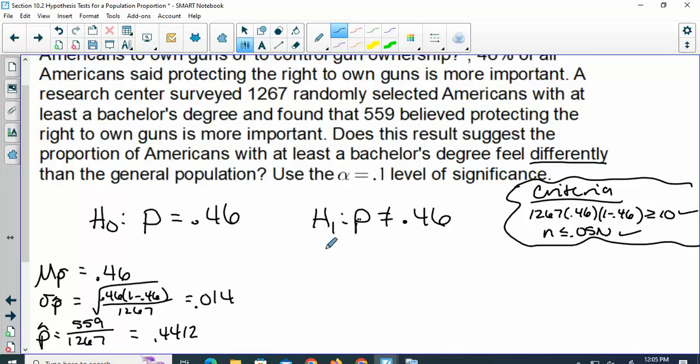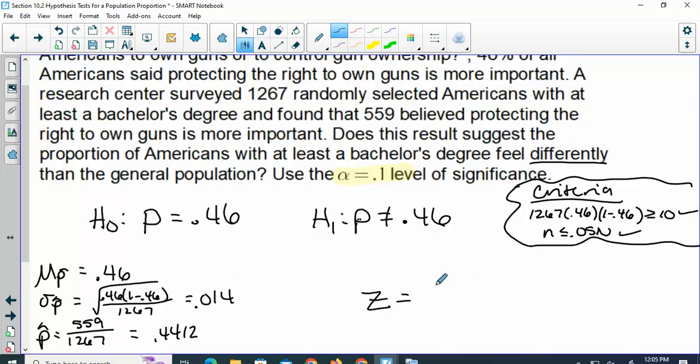All right. So we did step one. We have our hypothesis. We checked our criteria. Do we have alpha? Alpha is 0.01. We are ready now to do what?